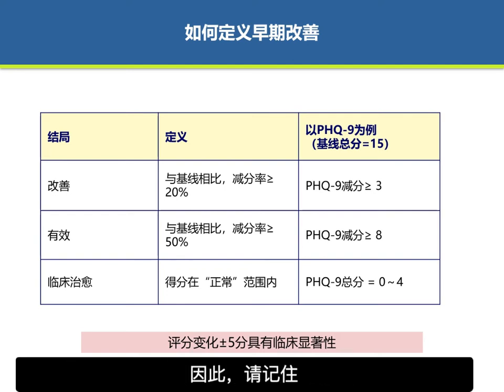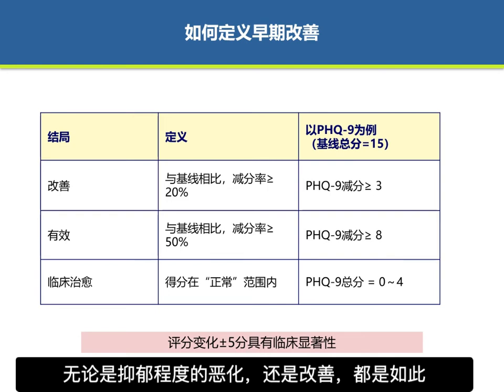And just to remember that a change of 5 points on the PHQ-9 is clinically significant or clinically relevant, whether that's worsening or improvement in the severity of depression.